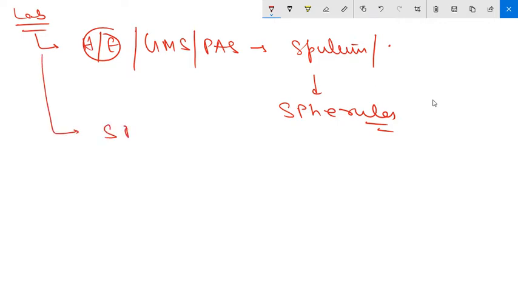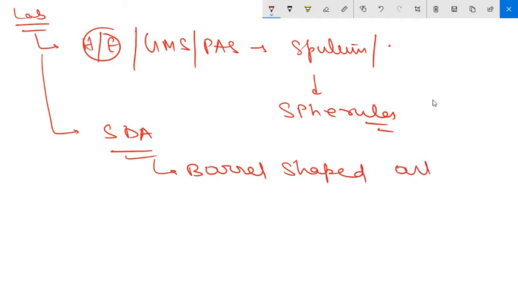Second, you can do culture on SDA, it will produce mycelial growth that has barrel shaped arthrospores with alternate cells distorted. So barrel shaped arthrospores will be there.